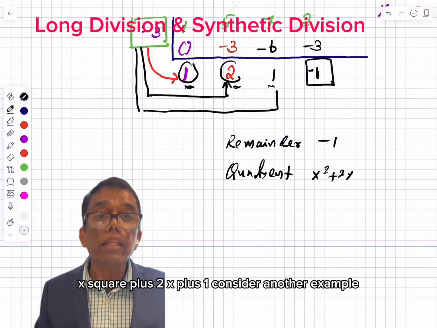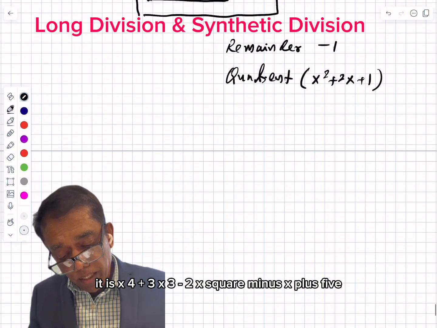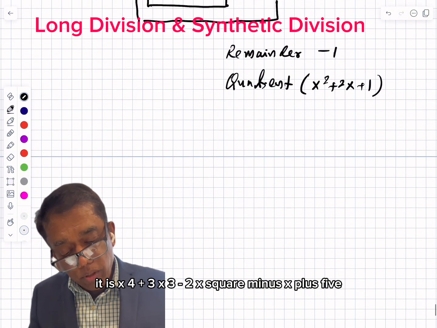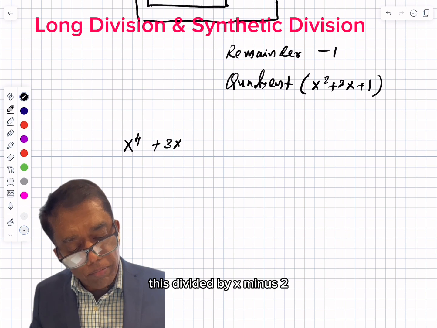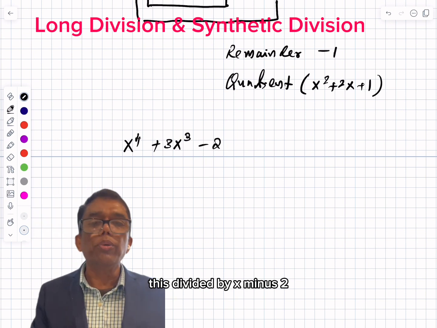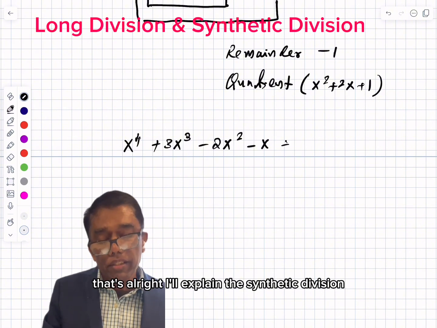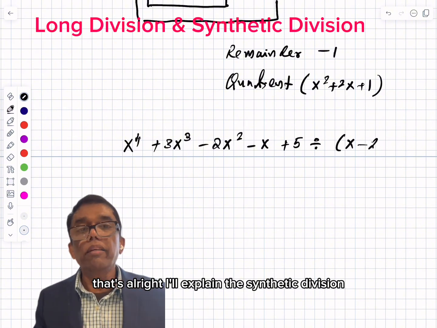Consider another example: x^4 + 3x^3 - 2x^2 - x + 5 is divided by x - 2. If you want to use long division, we can use long division. That's all right, I'll explain the synthetic division.